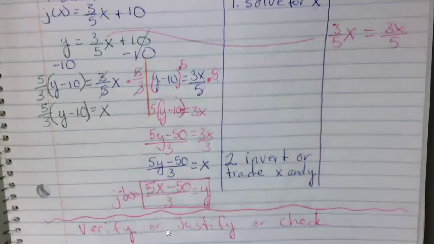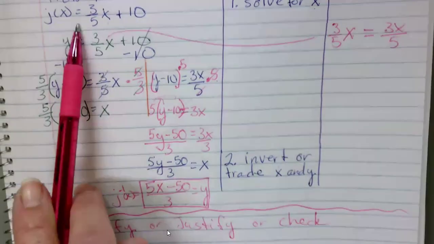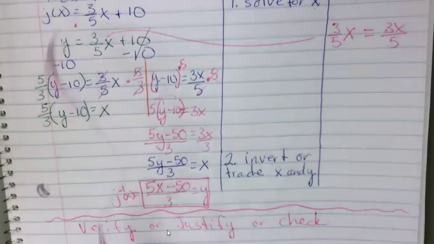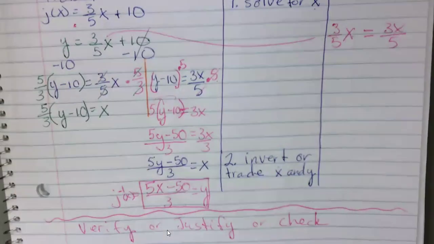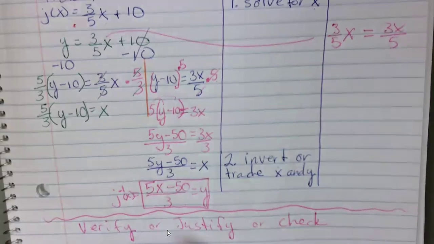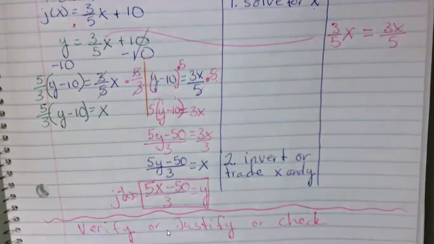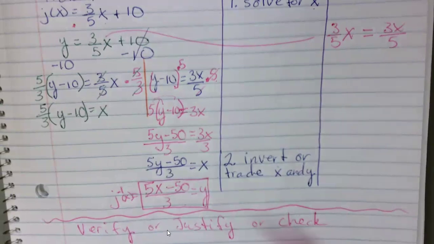So we're going to take these two equations, and those will be what we write down, and then we'll plug them into each other, okay? I use all three words, verify, justify, or check, because I've seen all three in the directions for state testing, in different places. So I don't want you to get messed up just on the word. It means to check it to see if you're right.